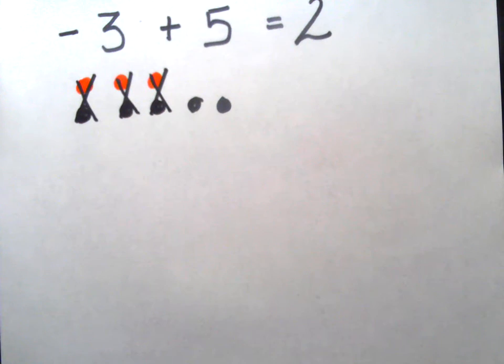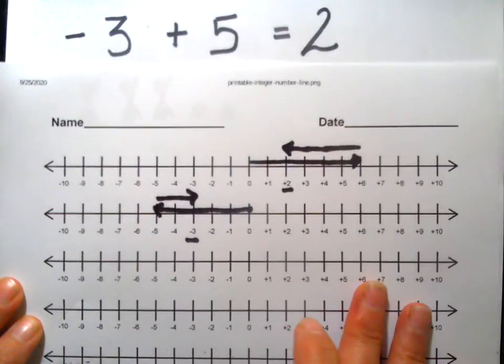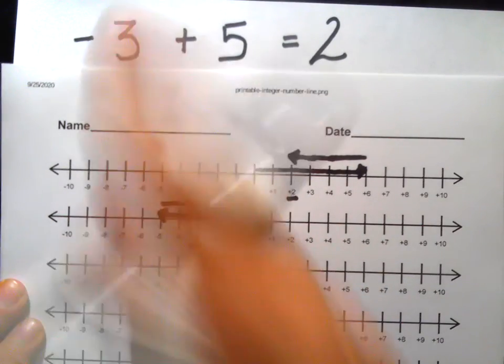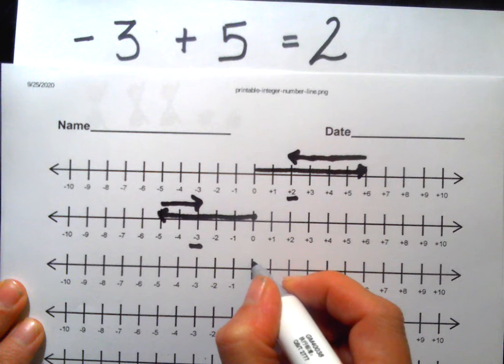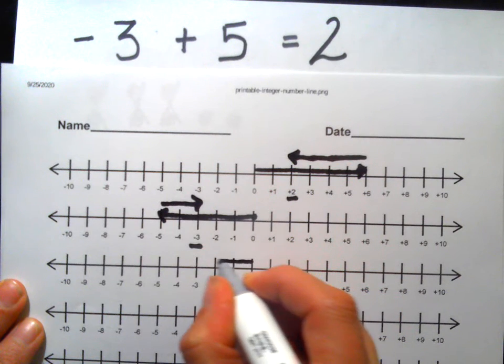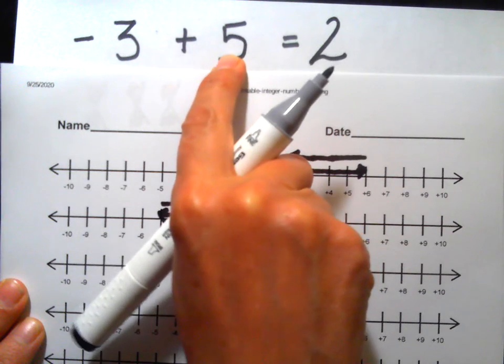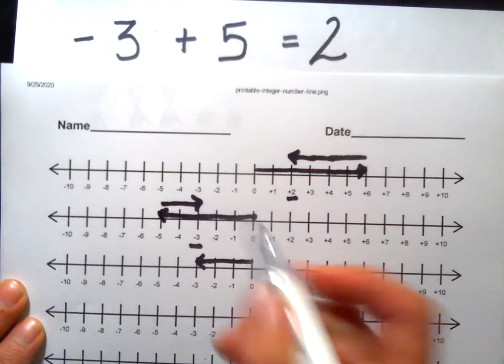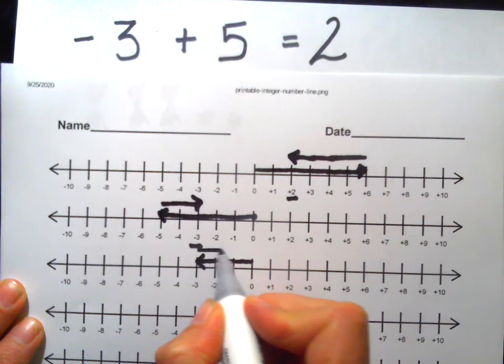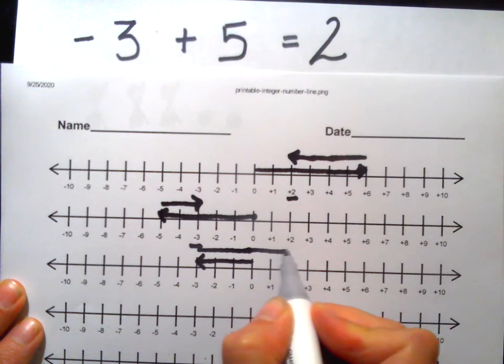I'm going to double check my work on the number line. So I start at 0. I go left 3 units to -3. And then right from there 5 units because it's positive to the right. 1, 2, 3, 4, 5.